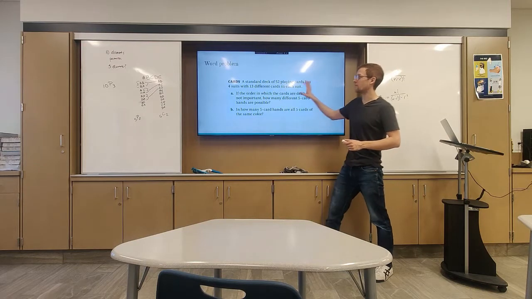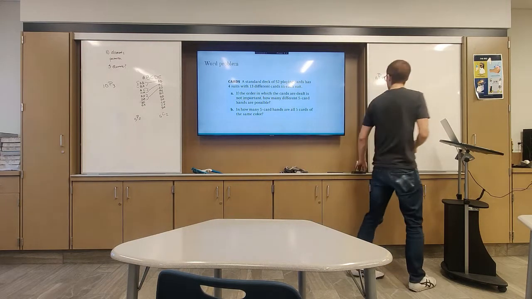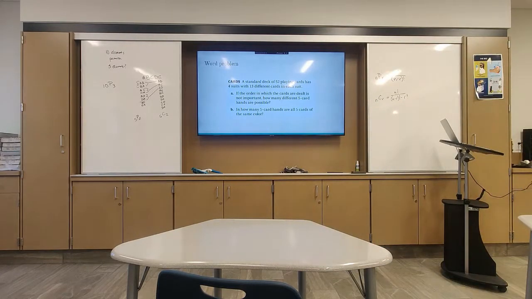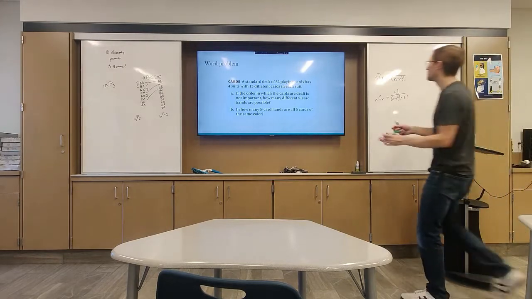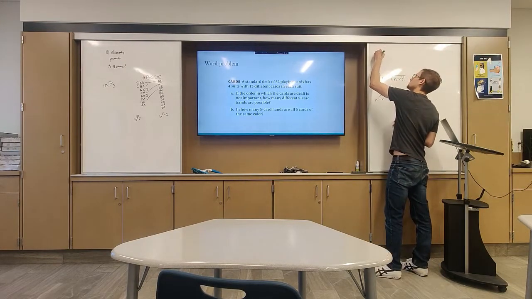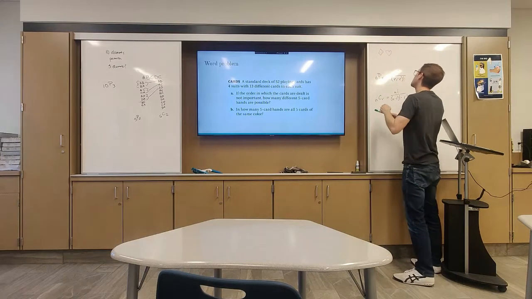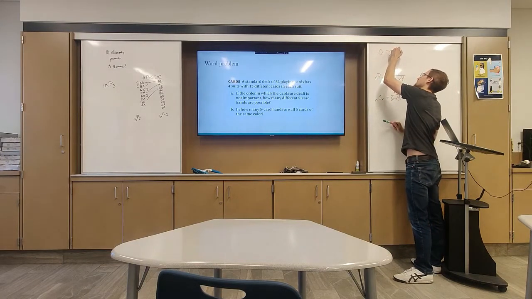the 52 playing cards have 4 different suits. The suits are just the symbol that they have. So we have 2 red ones, diamond and heart. And we have 2 black ones, which are spades and clubs.